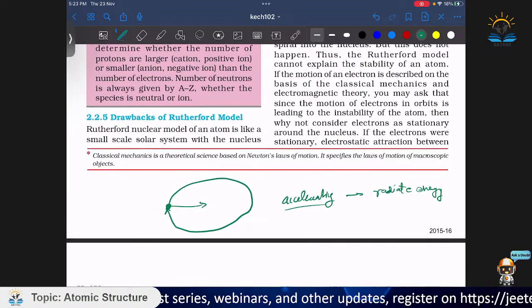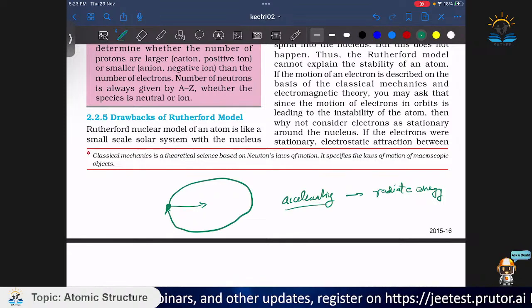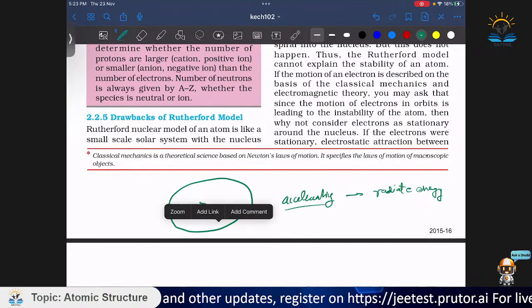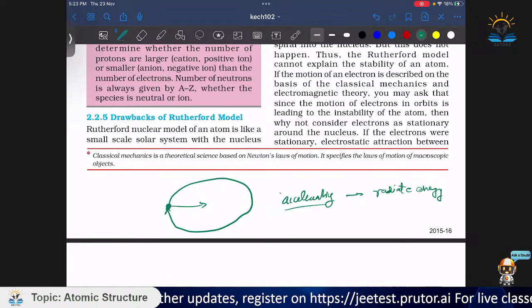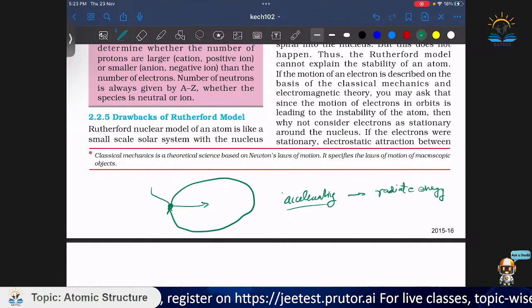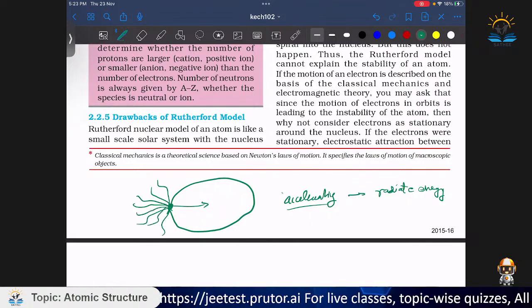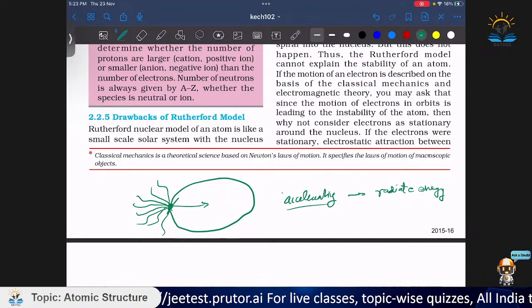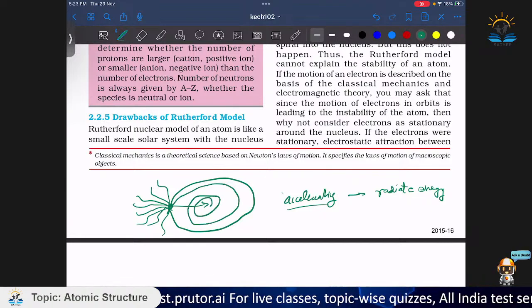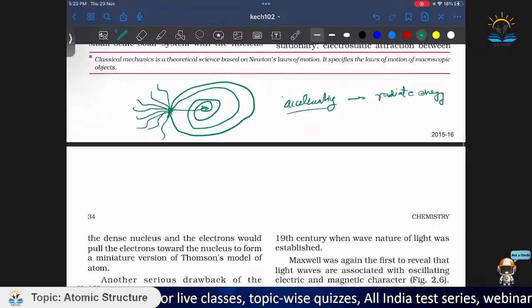So according to Bohr, if Rutherford's model is correct and the electrons are moving in a circular orbit around the nucleus, then they are accelerating and they should keep emitting electromagnetic waves, losing their energy, and they should come spiraling in and join the nucleus at some point of time.